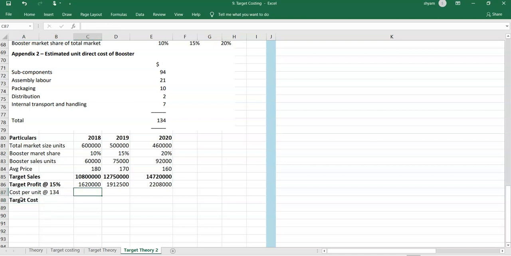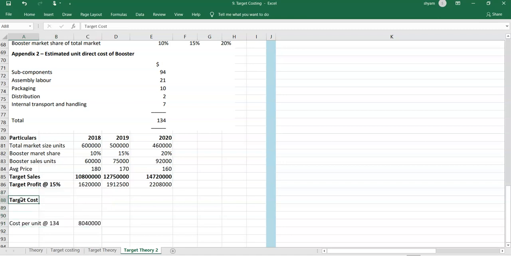So if we multiply 134 into the units, we'll get the target cost. No, I think we won't get the target cost, we'll get the estimated cost.